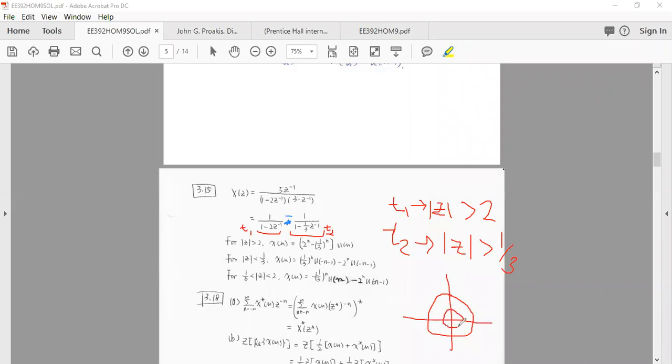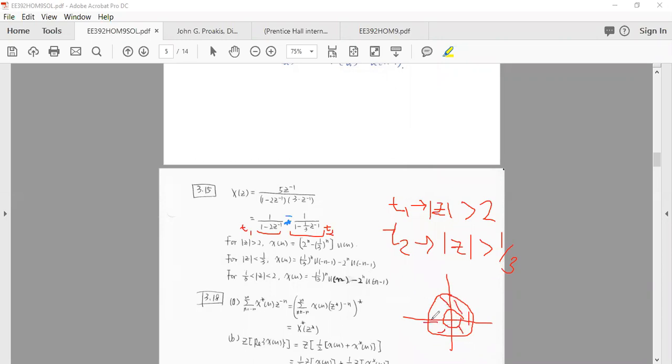Now we have covered what if the signal was causal, that was outside this larger circle, or if the signal was anti-causal, that would be the region inside the smaller circle. We also have a condition: what if the region of convergence is between these two circles?